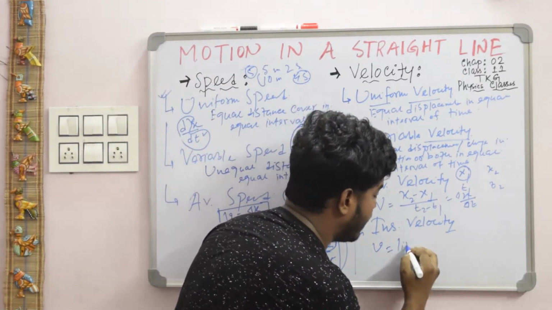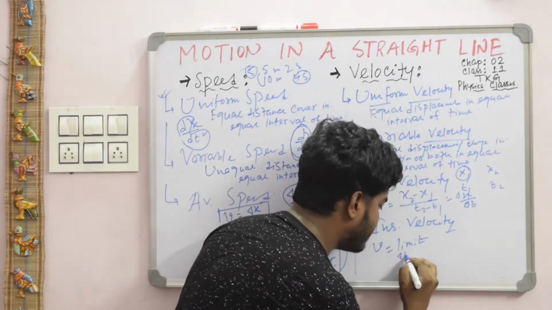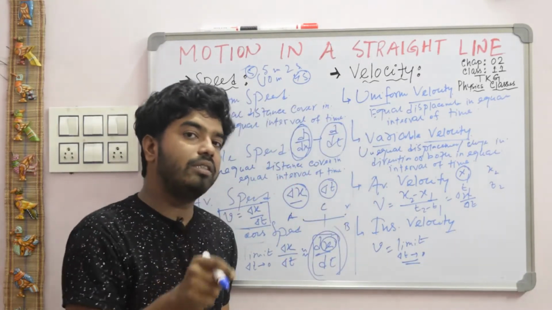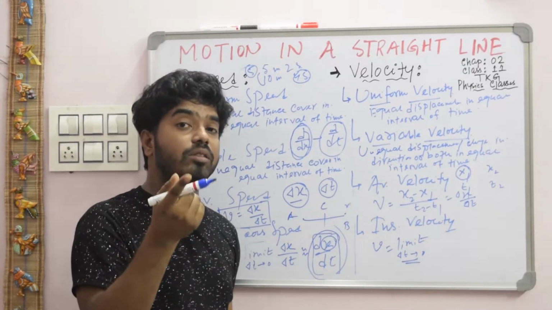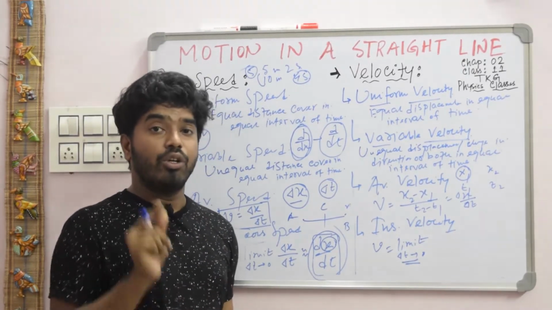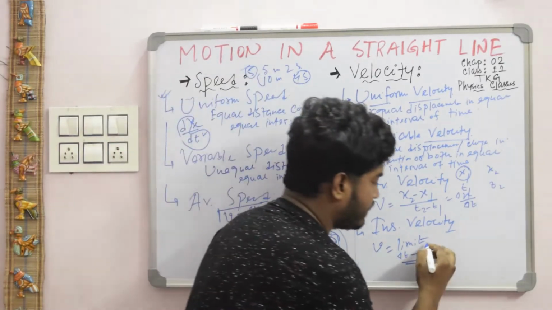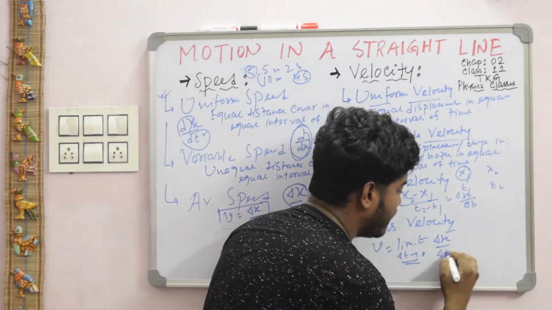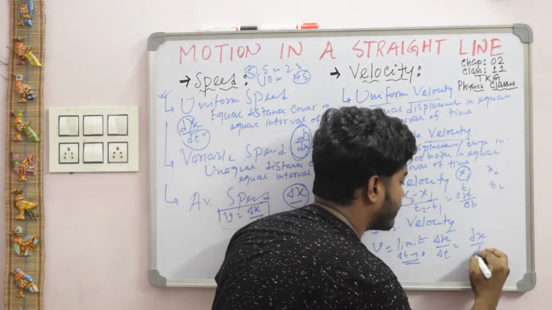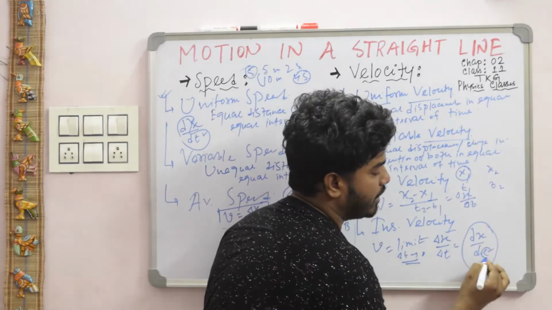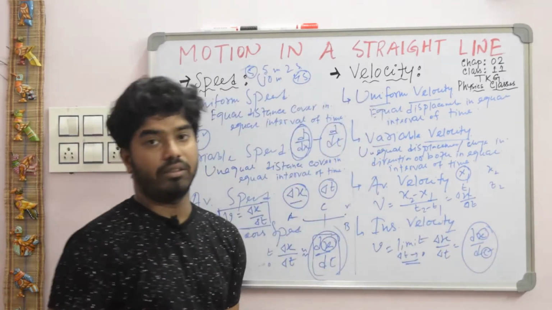So instantaneous velocity is limit del t tends to 0. Why del t tends to 0? Because we calculate the velocity at a particular instant. So there is a time interval which tends to 0. That is del x by del t, and this is equal to dx by dt. Same, this is the first order differentiation of x with respect to t.